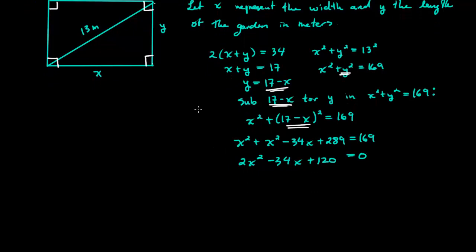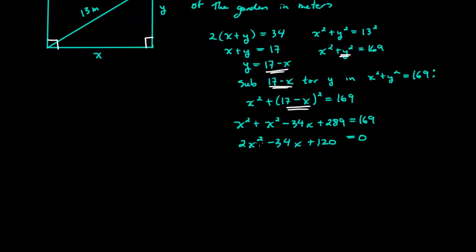Now I've got this written in standard form. I can factor it by first identifying that there's a common factor between all three terms. The common factor is 2. So I can write this as 2 times (x squared minus 17x plus 60), and that's equal to 0. I can factor this by asking what two numbers multiply to 60 and add to negative 17, because the coefficient on x squared is 1.